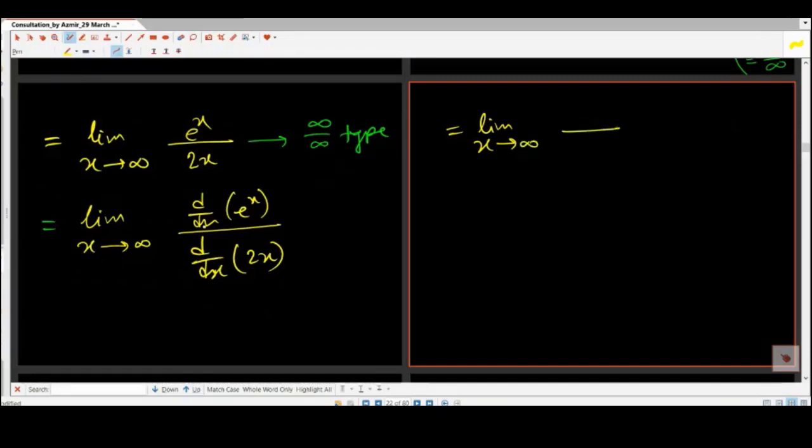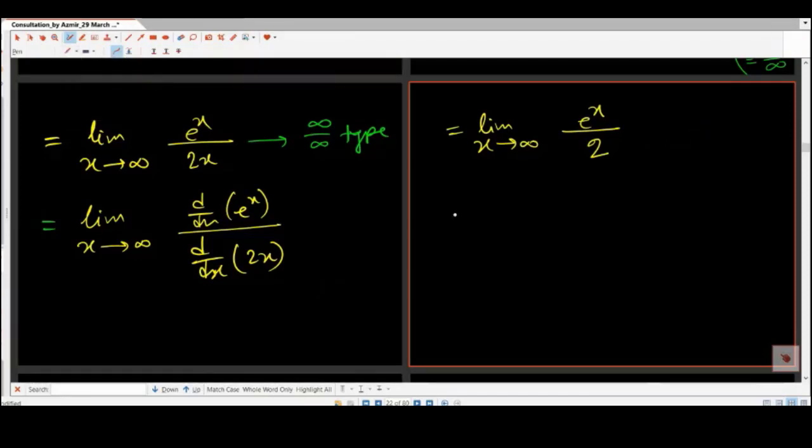Differentiation of e to the x in terms of x is e to the x. Differentiation of 2x is 2. So now we can understand that there is no possibility of having infinity over infinity again, because in the denominator we have 2. So that means we can terminate the process here.